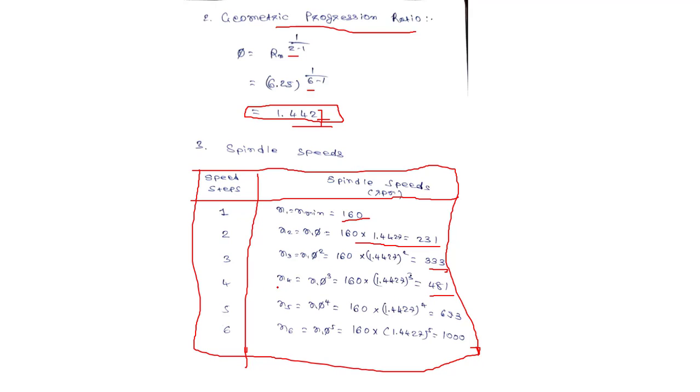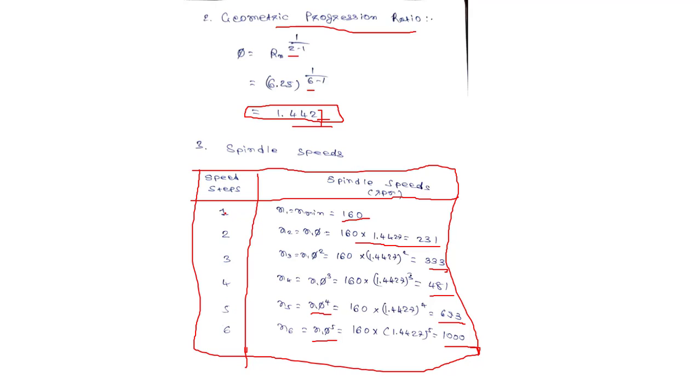So we are getting N4 as 481, and for N5 the equation is N1 into phi raised to 4. So we get the speed N5 as 693, and the last speed N6 is equal to N1 into phi raised to 5. So we get the speed 1000.